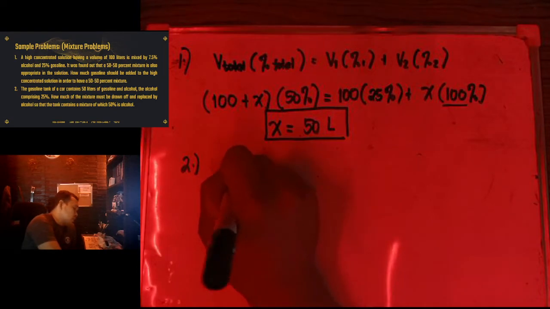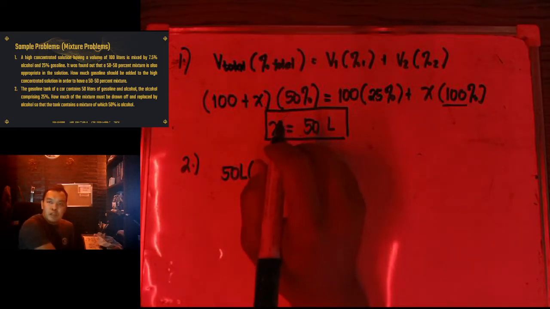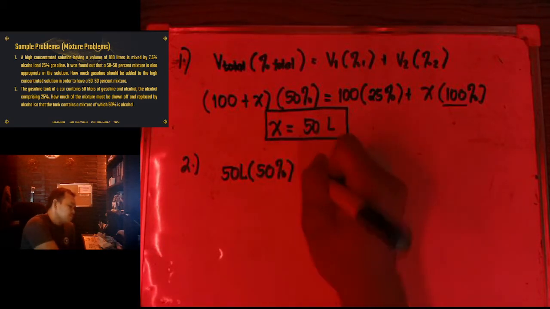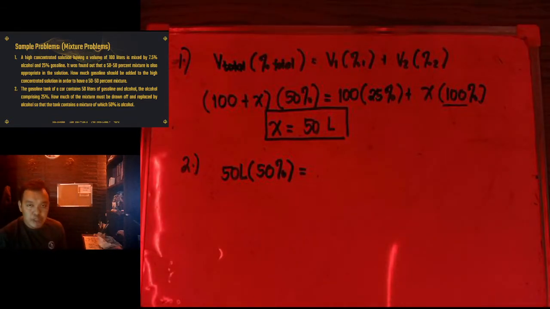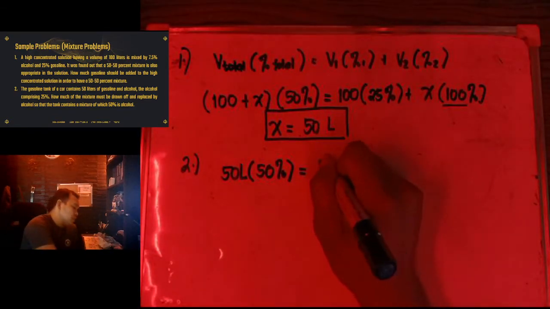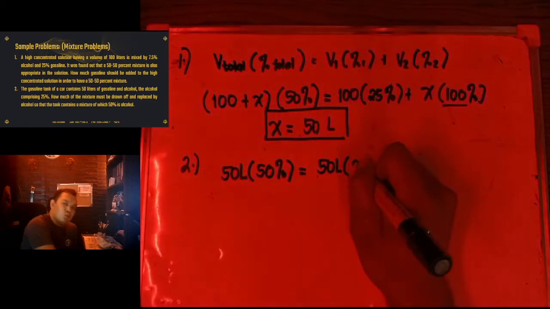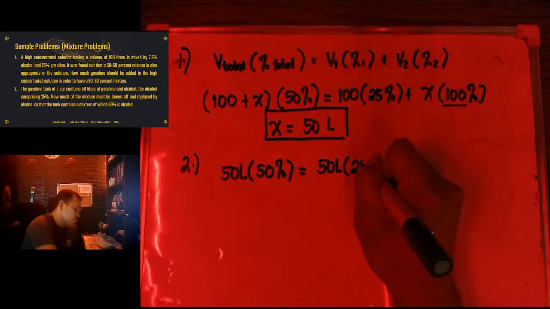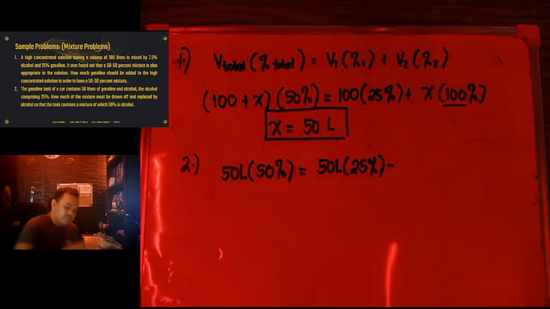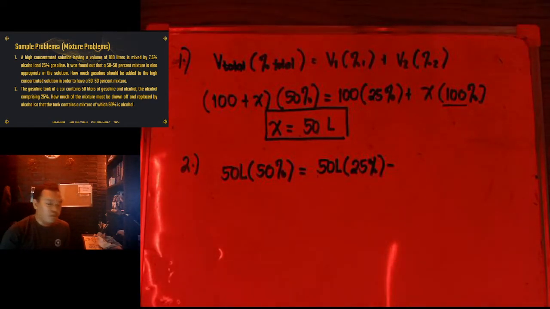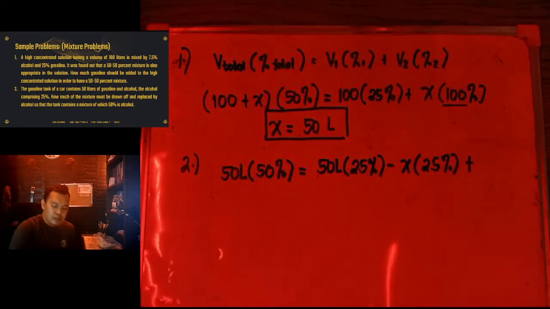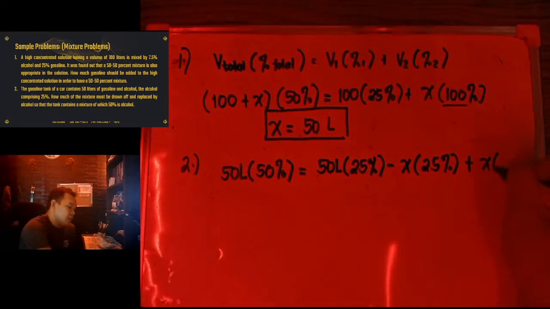So, 50 liters multiplied by the resulting concentration, which is 50% solution, is equivalent kay yung initial natin, which is 50 liters din siya, multiplied by yung solution natin which is in actual, which is 25% solution, minus yung tatanggalin natin na volume sa gasoline, x times 25%, plus yung idadagdag natin, no? Yung idadagdag natin na concentration, x times 100%.